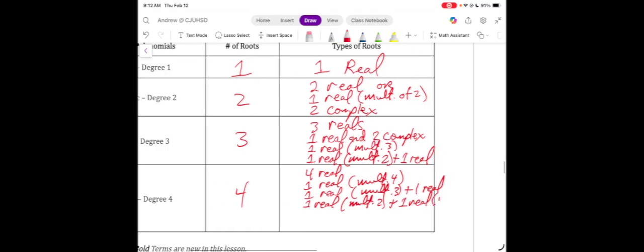You could have 1 real with multiplicity of 2 plus another real with a multiplicity of 2. You could have 2 real, but then there would have to be 2 complex. Or you could have 4 non-real.